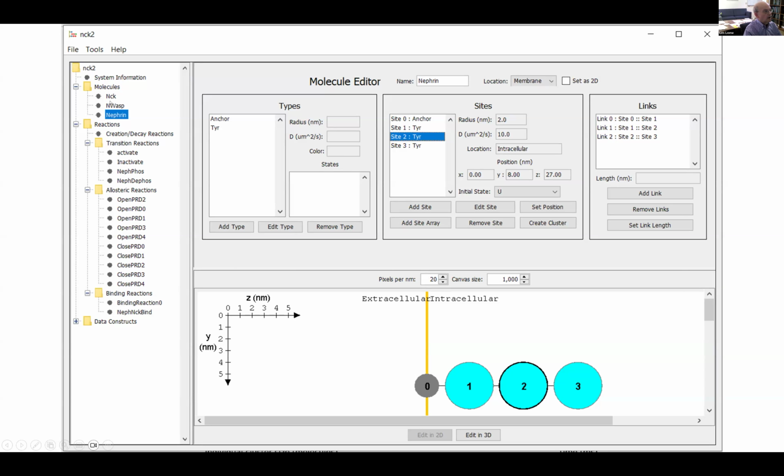For the molecules, we have 3 molecules that were defined in this model. One of them, nephrin, is shown over here. It has 1 anchor sphere bound to the membrane. This line represents a membrane, and there are 3 additional spheres sticking out of the membrane.